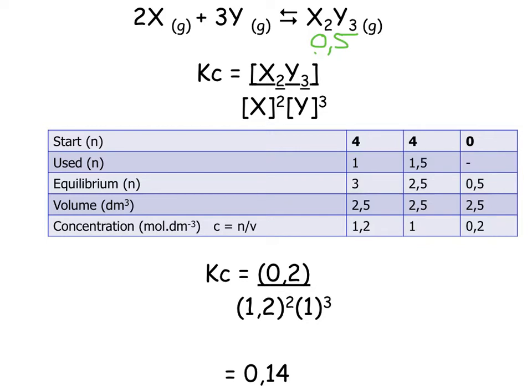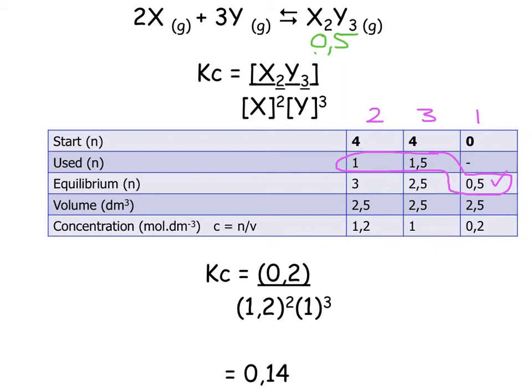So there is a link somehow between those, what you use of the reactant and what you make of the product. I don't know what I used of the reactant. I only know what I made of the product. I then can use a mole ratio of 2 is to 3 is to 1. So I simply take 0,5, multiplied by 3, and multiplied by 2 to get those two values over there.